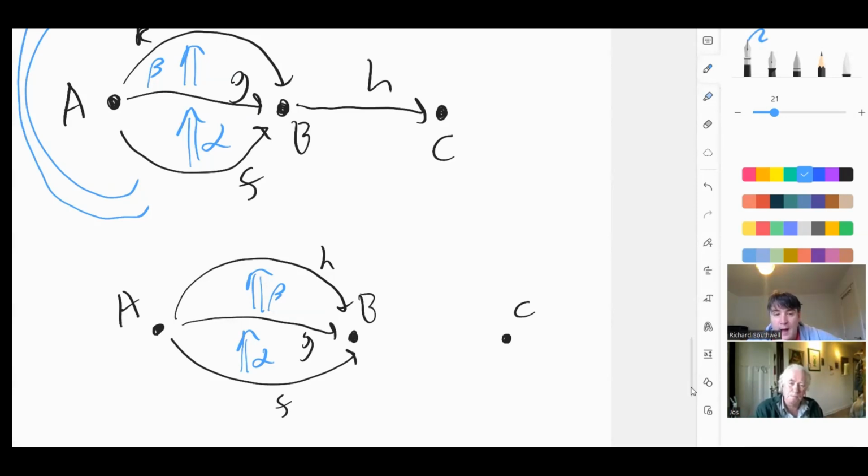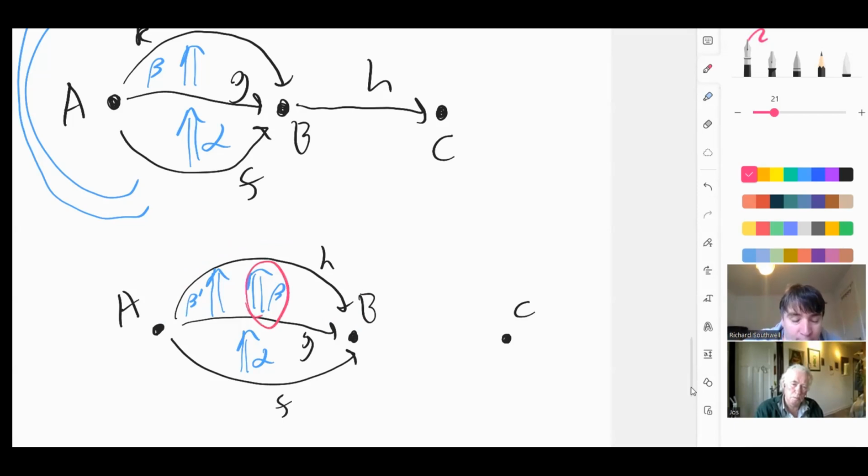That's correct. Now, we can have higher dimensional cells, let's say, if we imagine we're working in a 3-category. So let's recall the naming convention. These are 0 cells because they're 0-dimensional. The arrows we can call 1 cells because they're 1-dimensional.